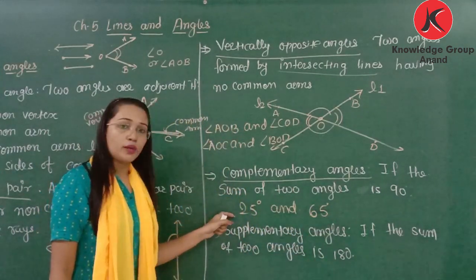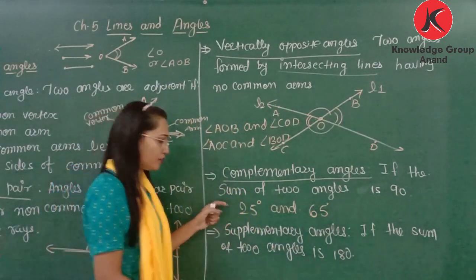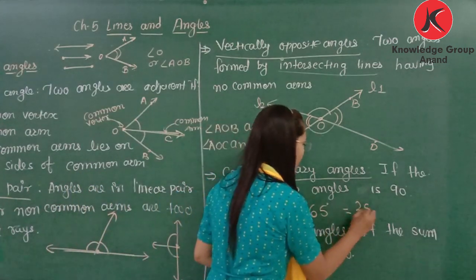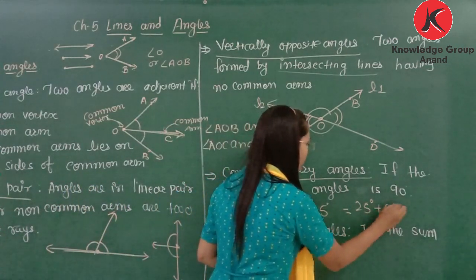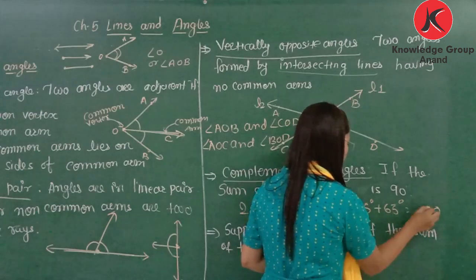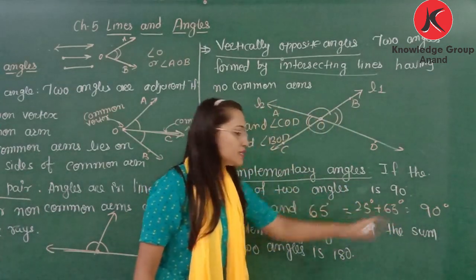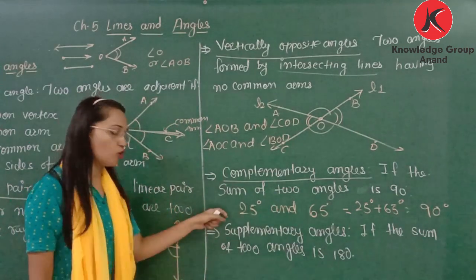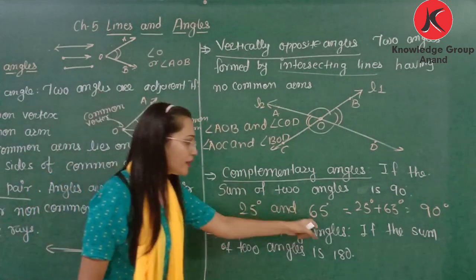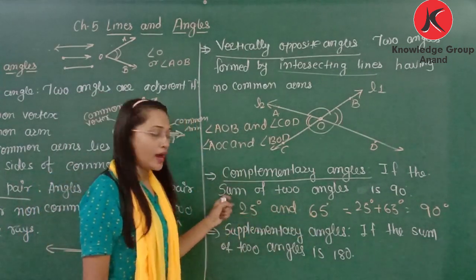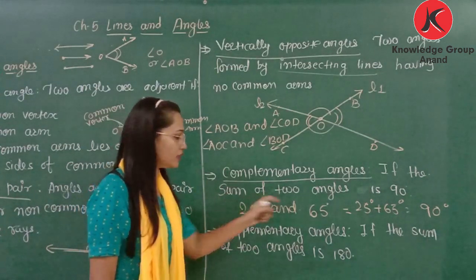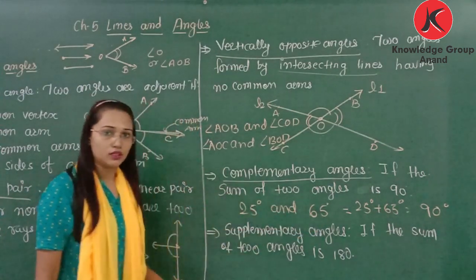Are they complementary or not? How can we find out? We add them. So 25 plus 65, that is 90. So the sum of these two angles is 90. That's why they are called complements of each other. It means the complement of 65 is 25 and the complement of 25 degrees is 65 degrees.